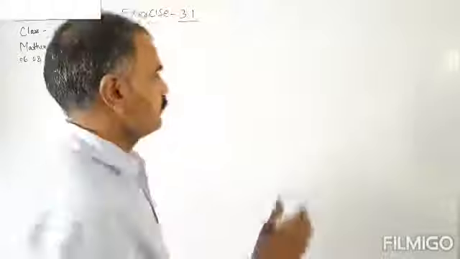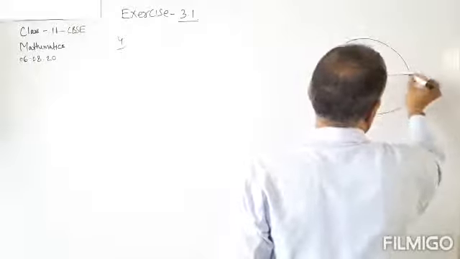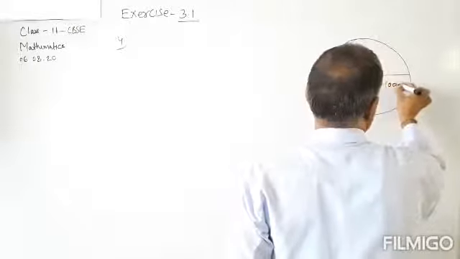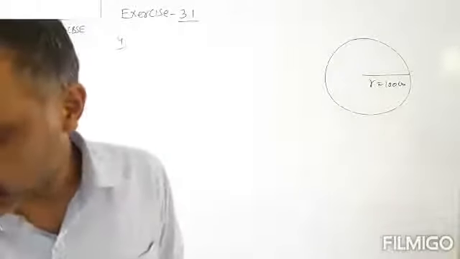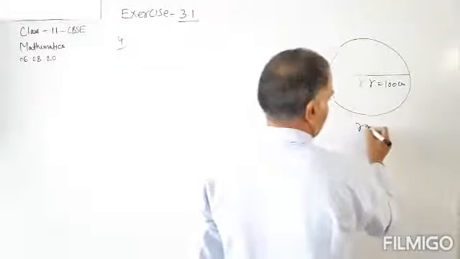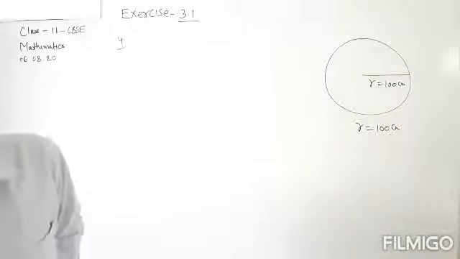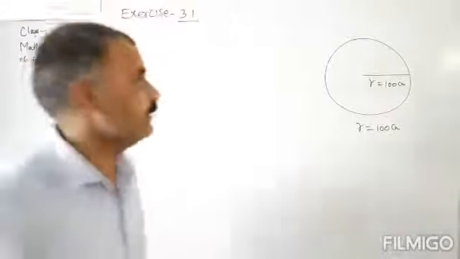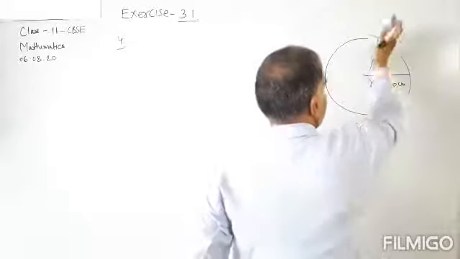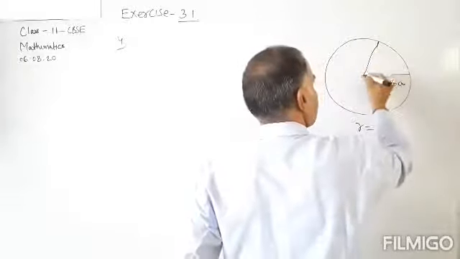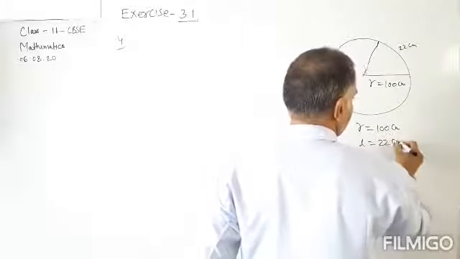Okay, so the given circle has radius equal to 100 centimeter, that is r equals 100 centimeter, and arc length is 22 centimeter, that is L equals 22 centimeter.